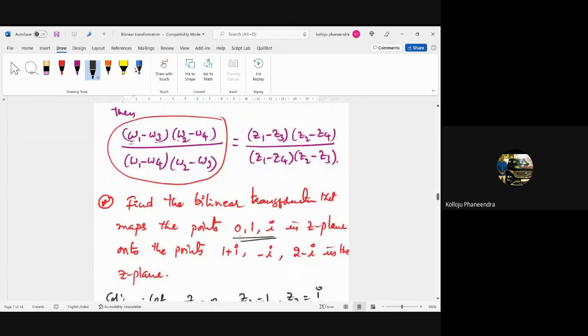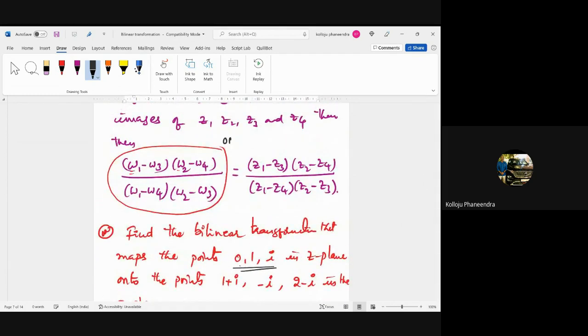Or you can write W1 minus W2, and according to that you change the right side. W1 minus W2, W3 minus W4. It is a sequence, W1, 2, 3, 4. You can write W1 minus W4, and next one W3 minus W2.